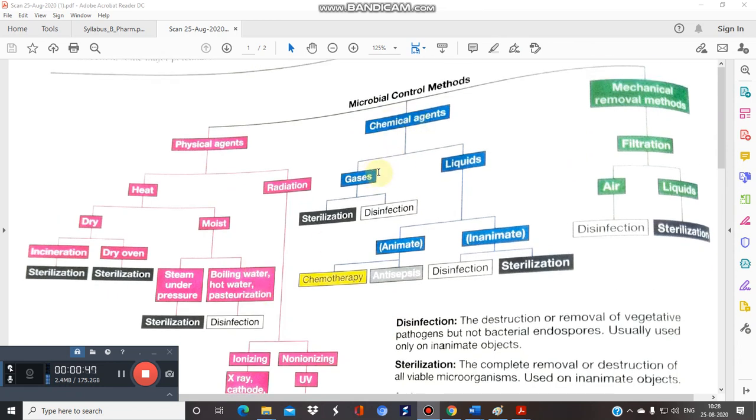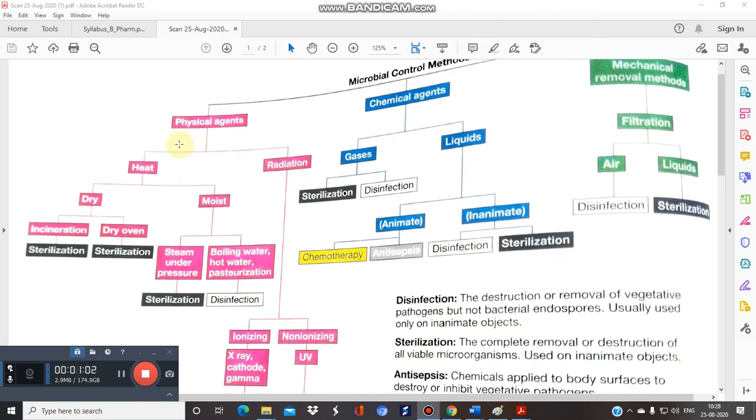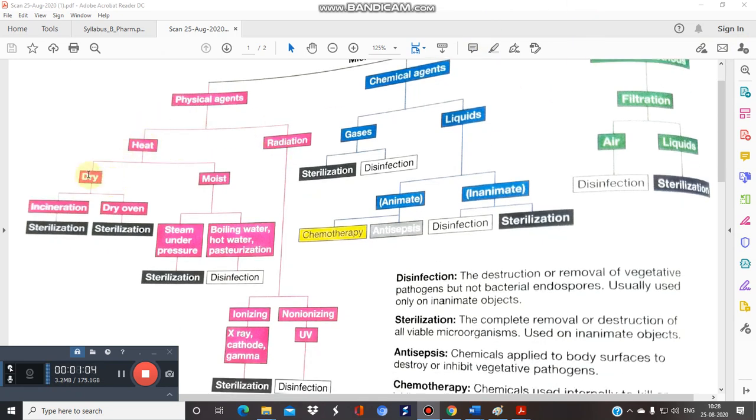I got this diagram from a book written by Prescott, Harley and Klein, the 7th edition. Now let's see physical agents. Physical agents are again divided into two. We have covered dry heat, using ovens or incineration, and moist heat, which we covered in 3 parts.